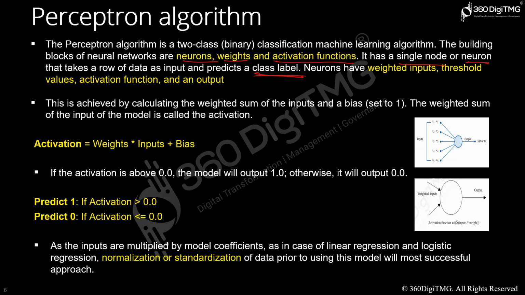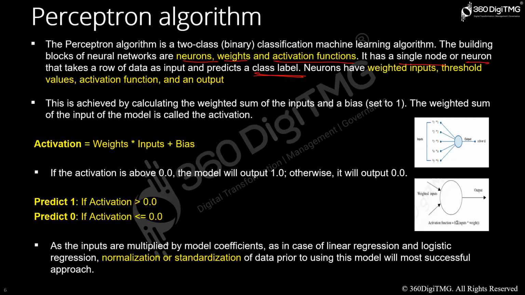So it has only a single node, which can also be called a neuron, that takes a row of data as inputs and predicts a class label. It takes a row of data and gives out a label to that data. So neurons have weighted inputs, threshold values, activation function, and an output.